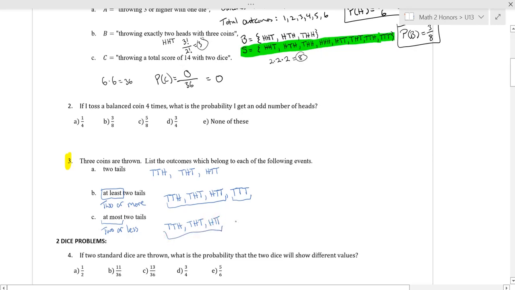And you can have 1 tail, and you can have no tails. So there are 7 cases where you have at most 2 tails.